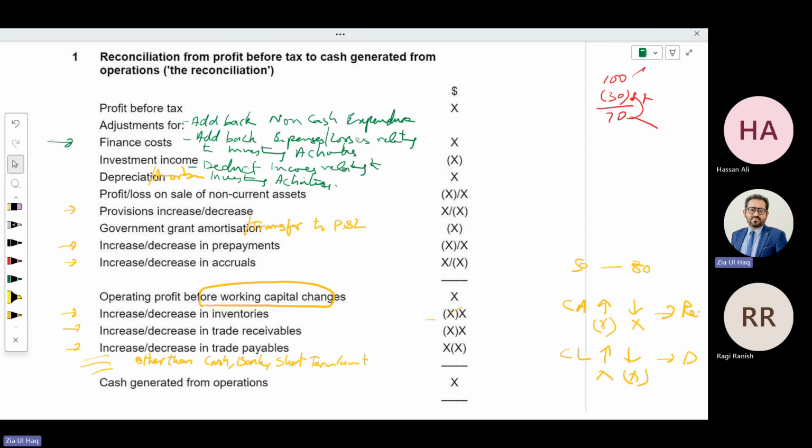Current assets and liabilities for operating activities on the bottom. Increase and decrease in current assets as well as reversible, right? Current liabilities is what? If it's increased, then you have to add.